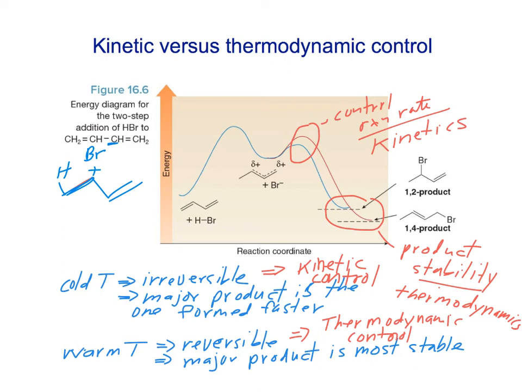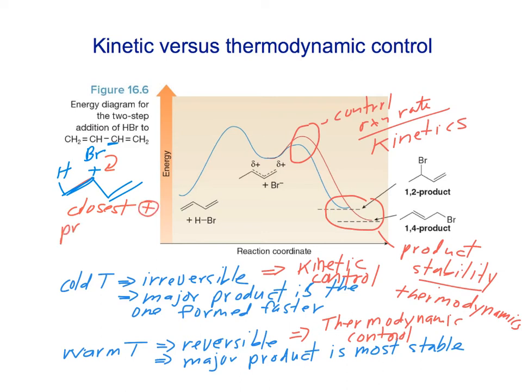Turns out that the fastest formed product is the one where the bromide reacts with the end of that allylic carbocation that it's closest to. It's what they call the proximity effect. It just bumps right into the cation on that end. It's just all about spatial orientation. Okay? So this goes to the closest end of the plus.